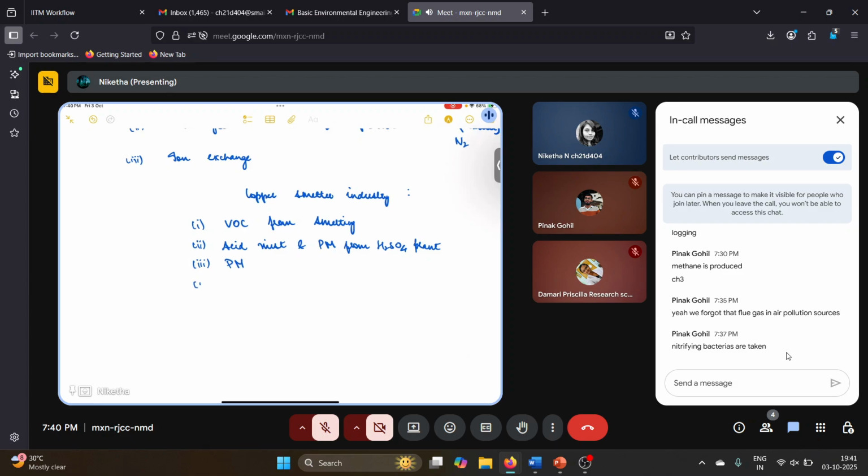And then particulate matter, metals, SOx and NOx, dioxins and furan.